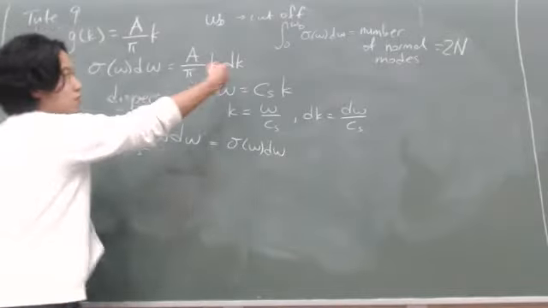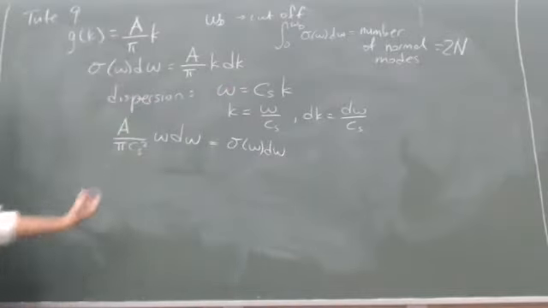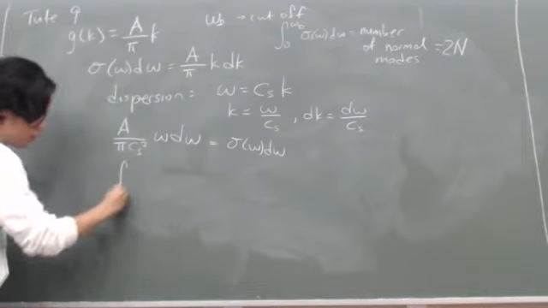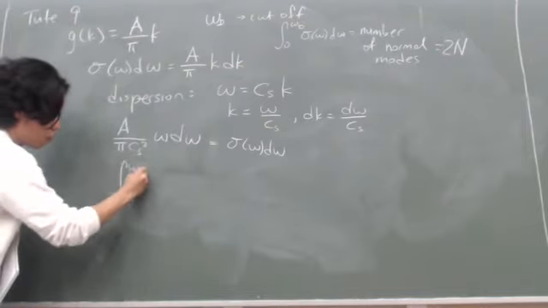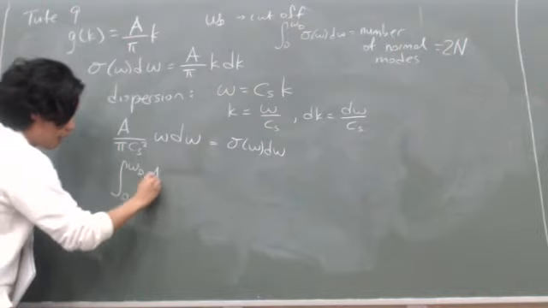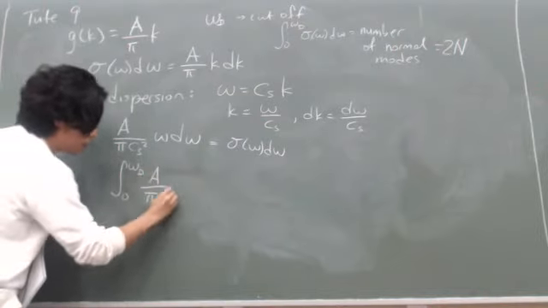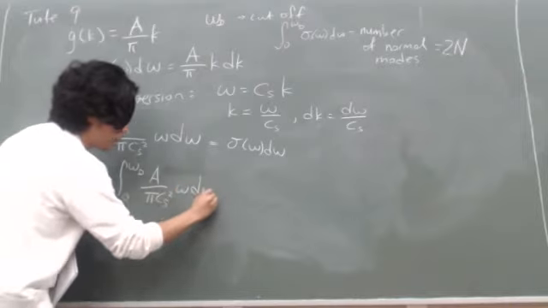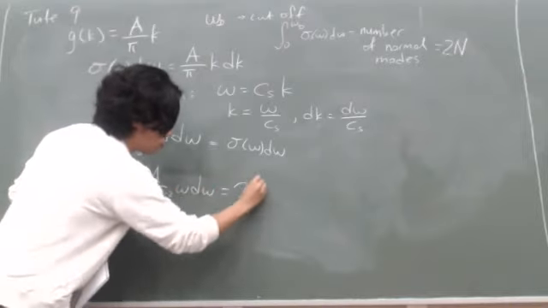So we can use this definition on this expression to say the integral from 0 to omega d, this Debye cutoff frequency, of A on pi cs squared omega d omega is equal to 2N.